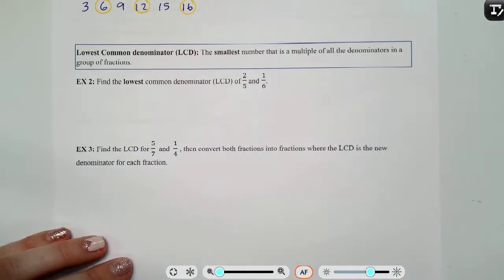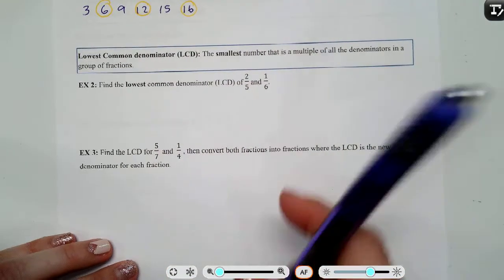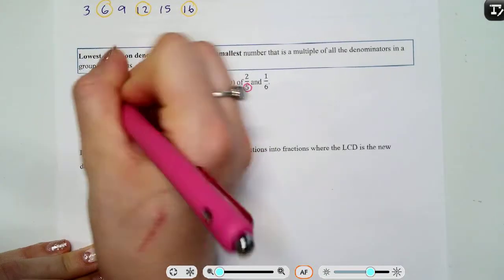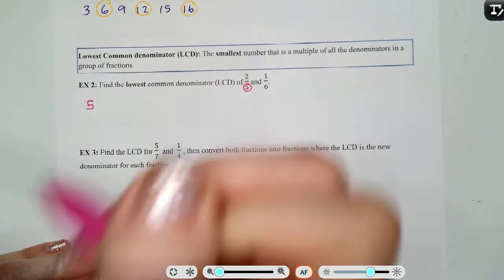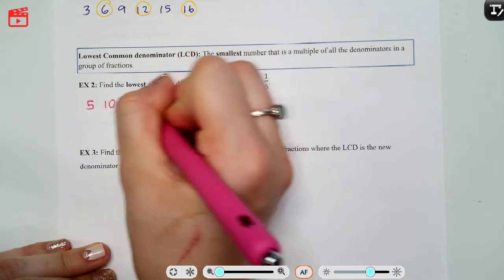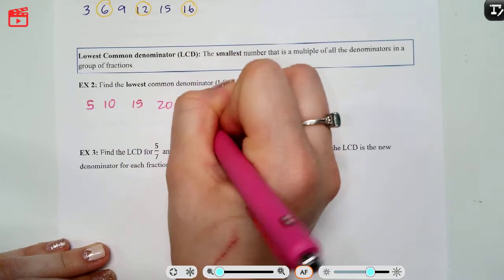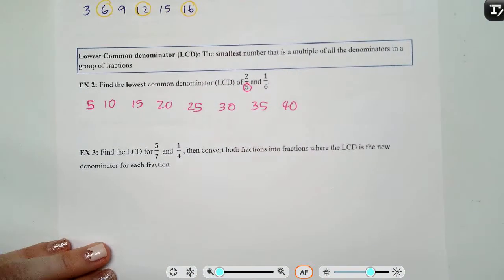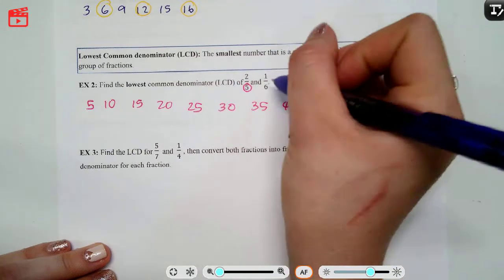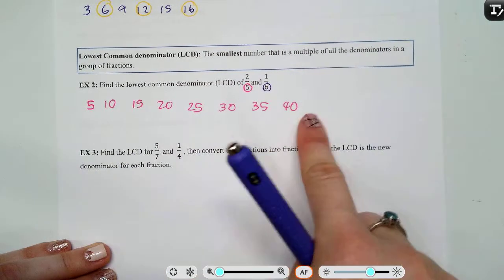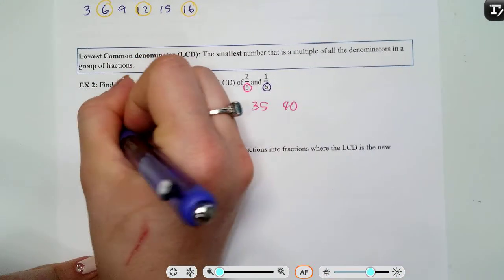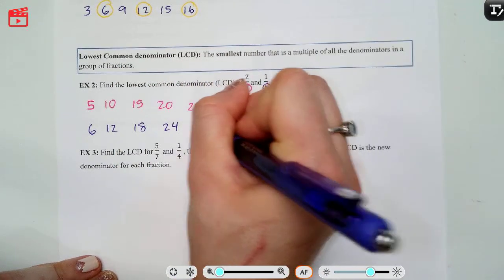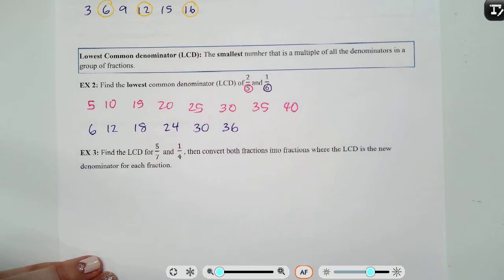So let's find the lowest common denominator of 5 and 6. Okay, so for 5, let's go ahead and do some multiples. 5, 10, 15, 20, 25, 30, 35, 40. Let's just pause there. Okay, multiples of 6. Oh, that started to go downhill. 6, 12, 18, 24, 30, 36.